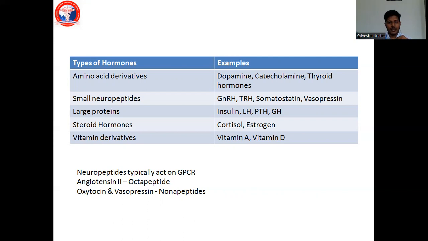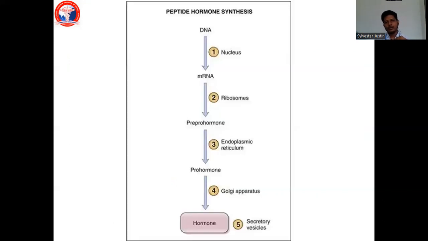Neuropeptides typically act on G protein coupled receptor. Angiotensin 2 is an octapeptide, so a protein made up of 8 amino acids, whereas oxytocin and vasopressin are nonapeptides. The hormone synthesis usually proceeds in this way. First, from DNA, mRNA is generated by the process of transcription.